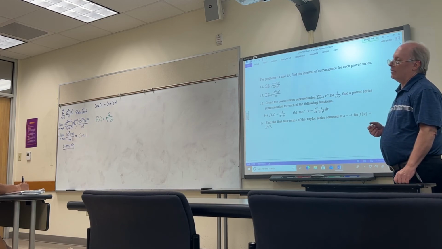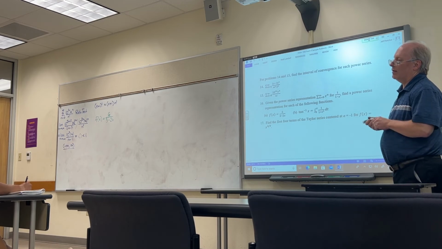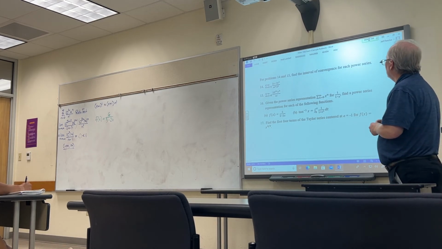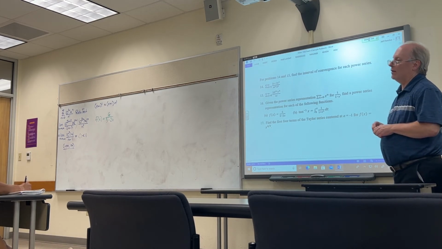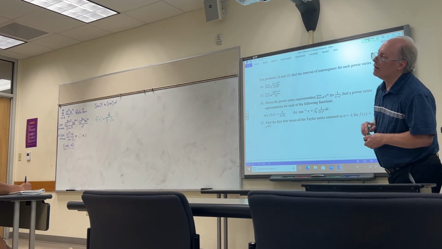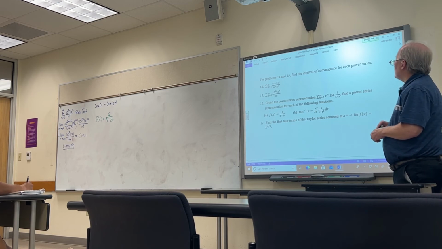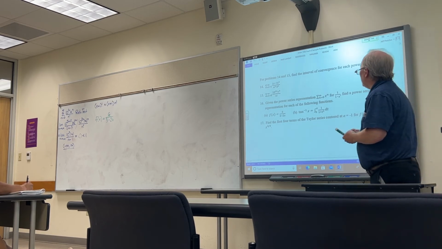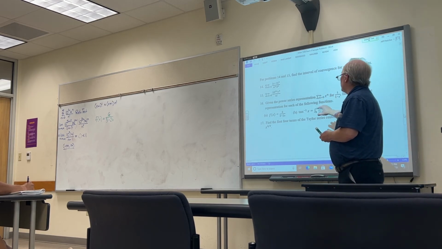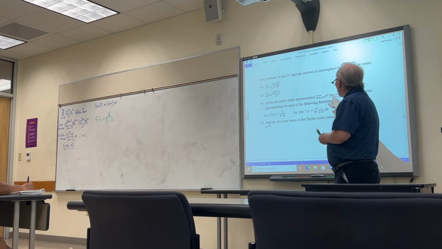Do you use one of them? I was going to say we use Maclaurin or Taylor. We're not using the Taylor series formula for this, because we want to use the fact that we have the series for this function.